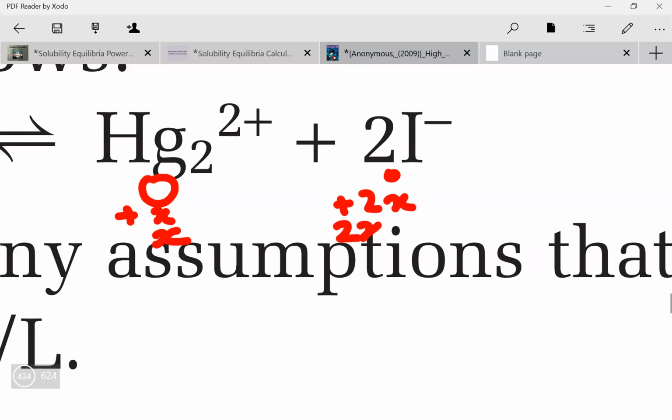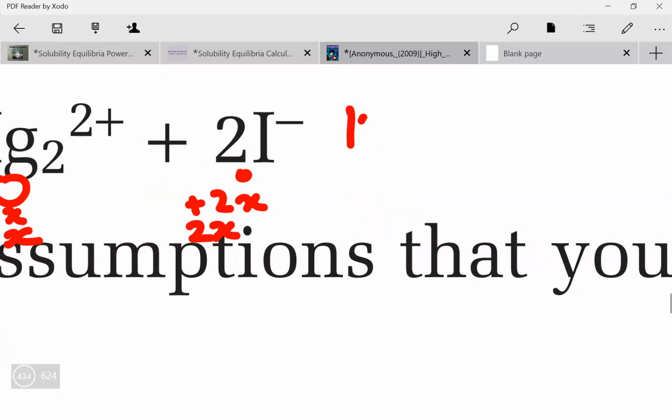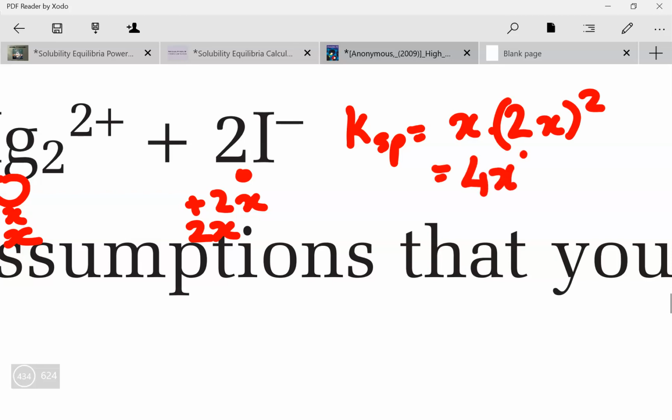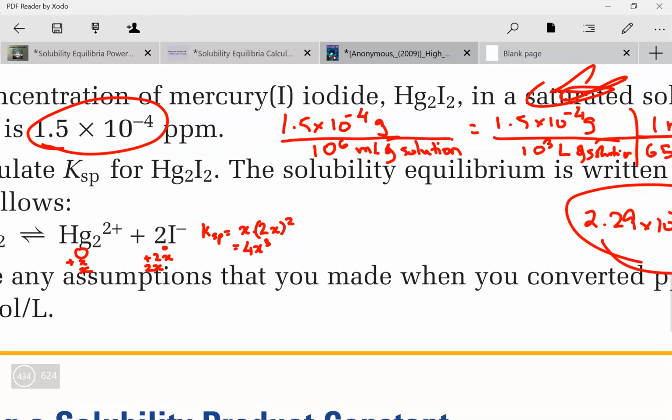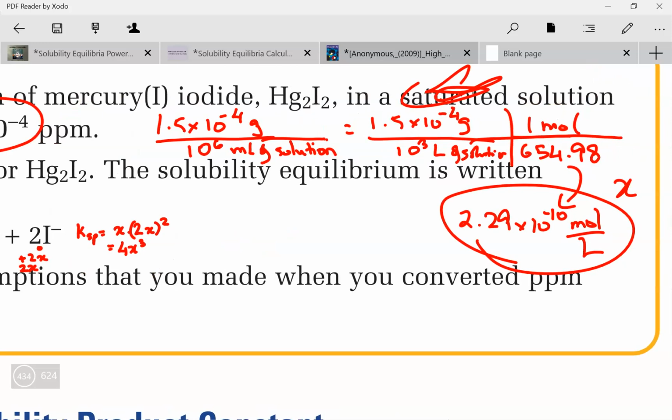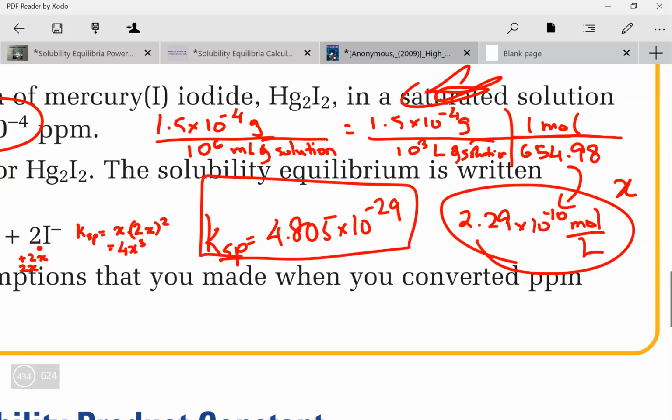So Ksp is x times 2x squared, which is 4x cubed. I already calculated x, so I take the cube of that, multiplied by 4. Ksp turns out to be 4.805 times 10 to the power of negative 29.